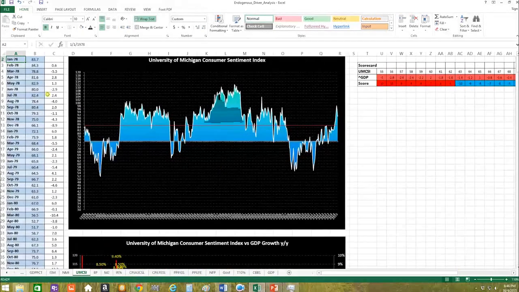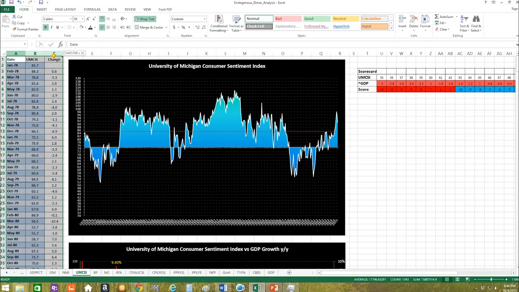you can see that our data set goes back to 1978, and all we care about here is the absolute level of the UMCSI and the change month on month, not in percentage terms, but in a points analysis. So this is just the change that gets reported every month.